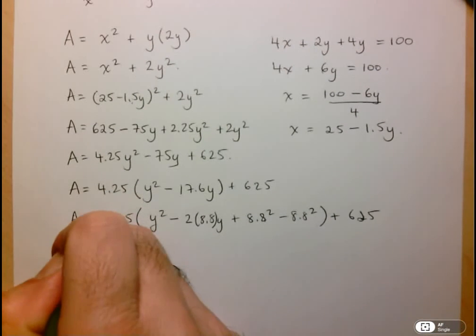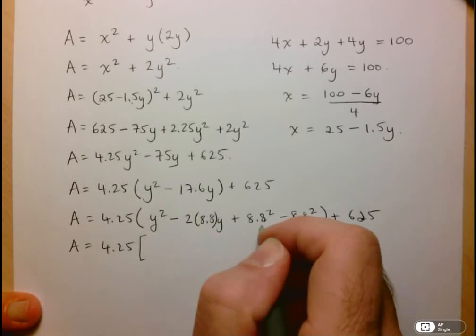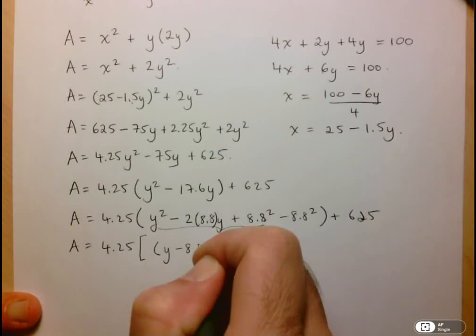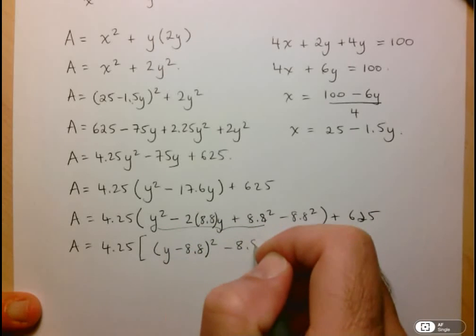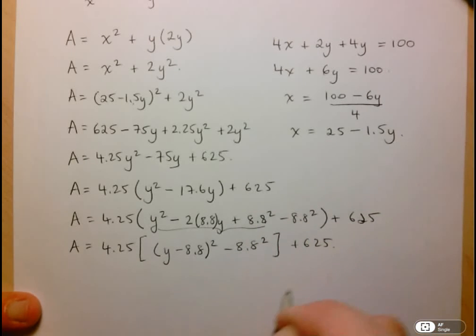Let's keep going. The first three terms factor to 4.25 times y minus 8.8 squared. And then we still have this minus 8.8 squared plus 625.